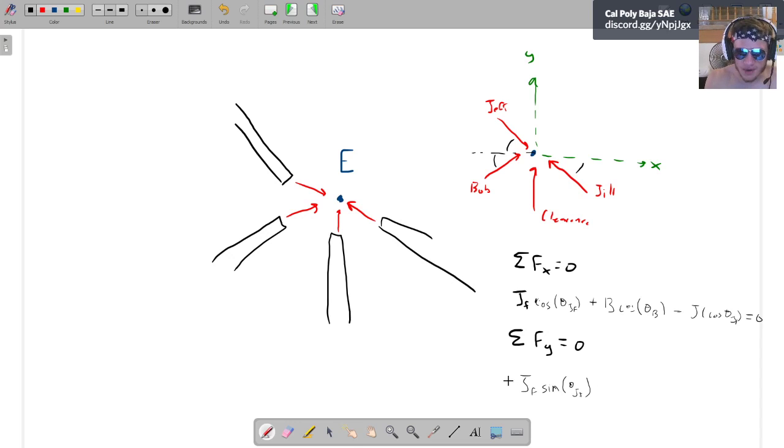Jeff times, minus the sine, right? Because it's going in the negative Y direction. Plus Bob times the sine of angle Bob. Plus Clarence. Plus Jill times the sine of angle Jill. Equals 0.